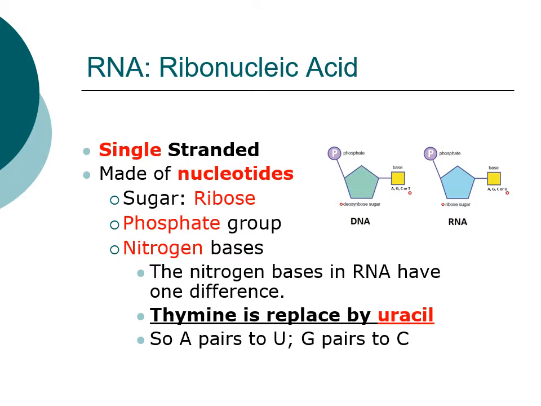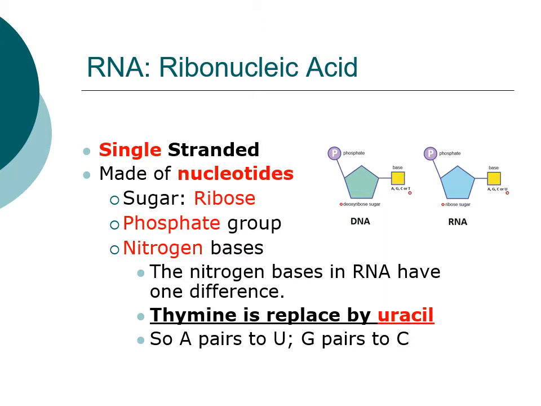RNA has A, U, C, and G. So there's this new molecule here called uracil. It's just chemically a little bit different than thymine. It's not a huge amount different, and I'll show you in a picture. But for some reason, our body evolved having this uracil instead of thymine. Everything else stays the same.